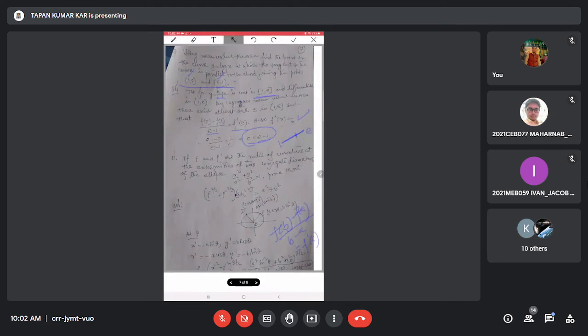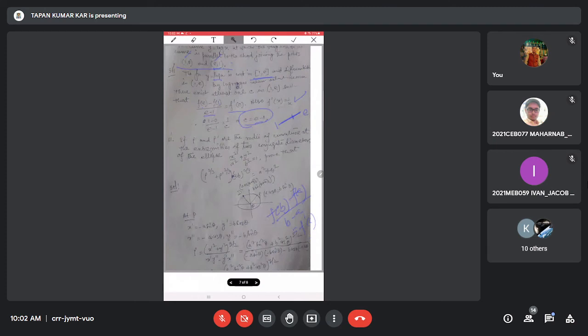And the next example is: if rho and rho dash are the radii of curvature, you know what the radius of curvature is. Here there are two radii of curvature, that's why it is plural, radii of curvature, at the extremities of two conjugate diameters of the ellipse x square by a square plus y square by b square equal to 1, prove that the relation is this one.